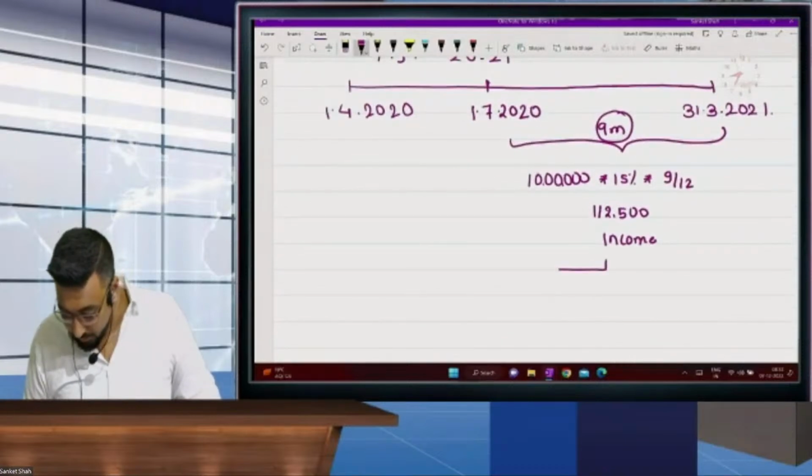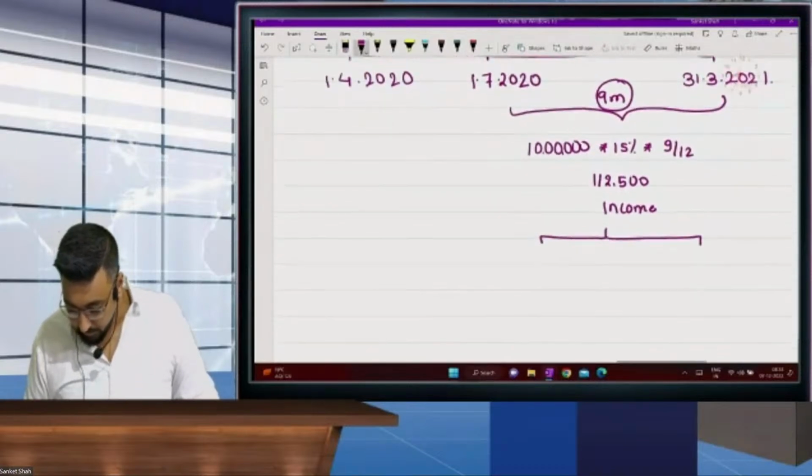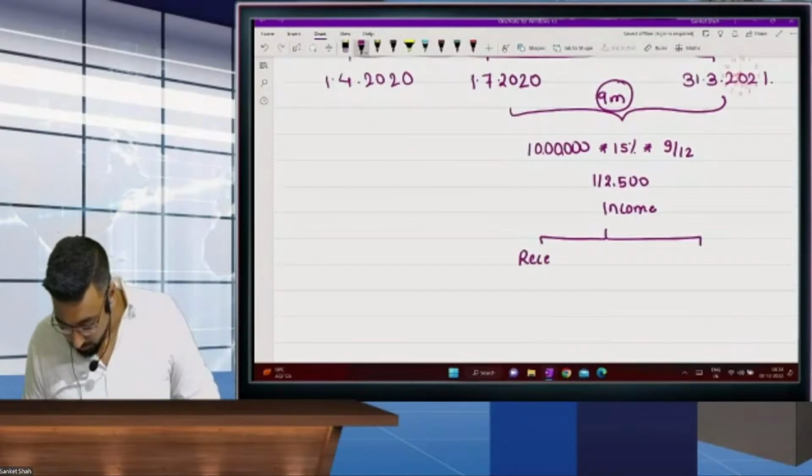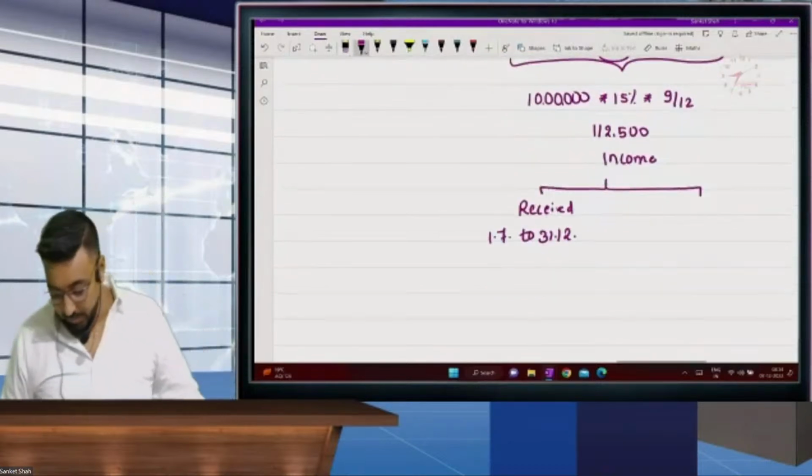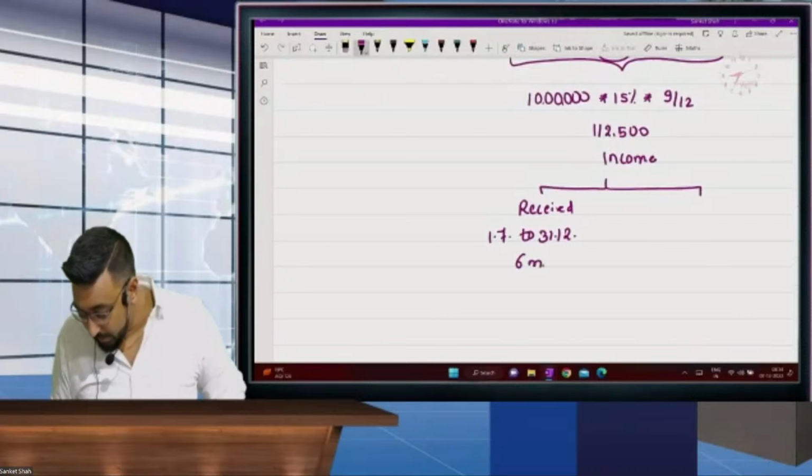But out of this, you received from 1st July to 31st December. That is, you received only for 6 months.